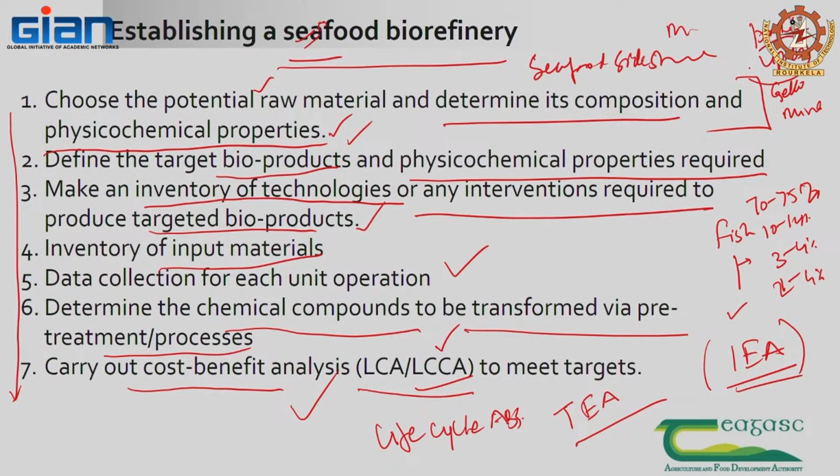And once you have a lipid, you can easily get glycerol and fatty acids for further fractionation. This is how you can establish a complete biorefinery by establishing different unit operations. No questions?